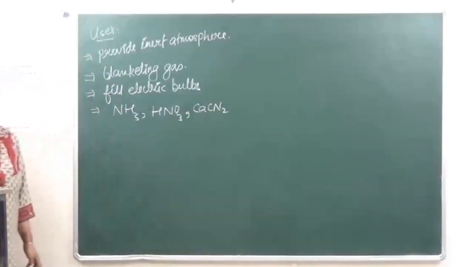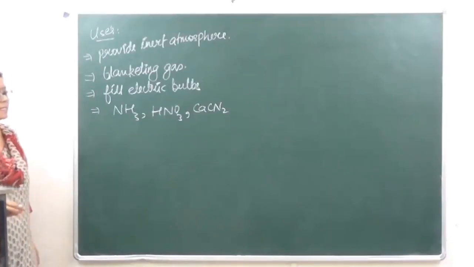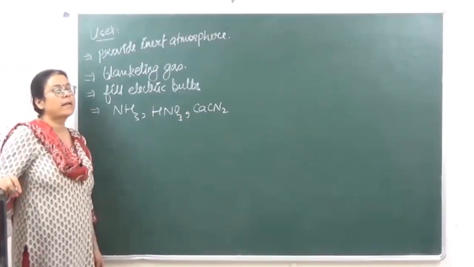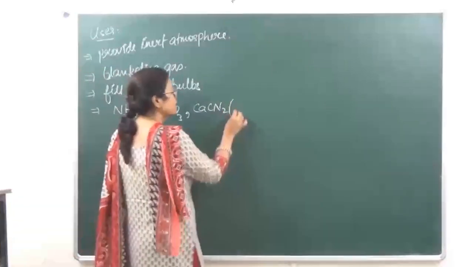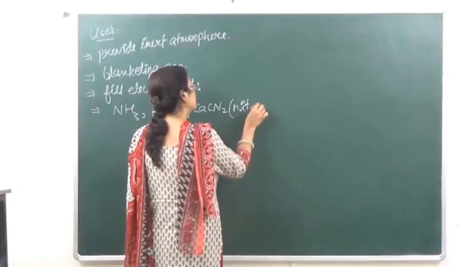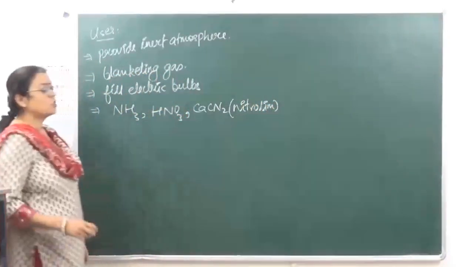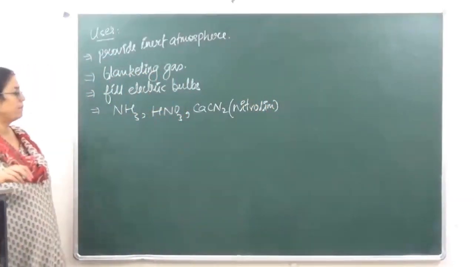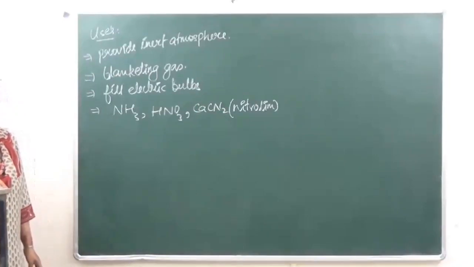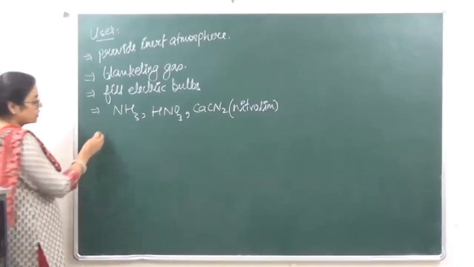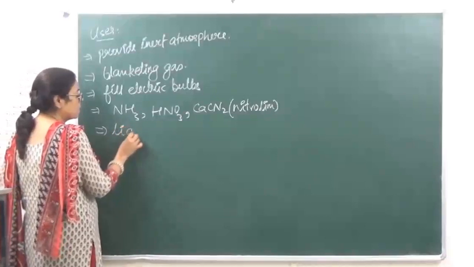This calcium cyanamide is used as a fertilizer under the name of nitrolim. Okay? It is used as a fertilizer under the commercial name of nitrolim. Right? फिर उसके बाद it is also used, liquid nitrogen, it is used as a refrigerant.